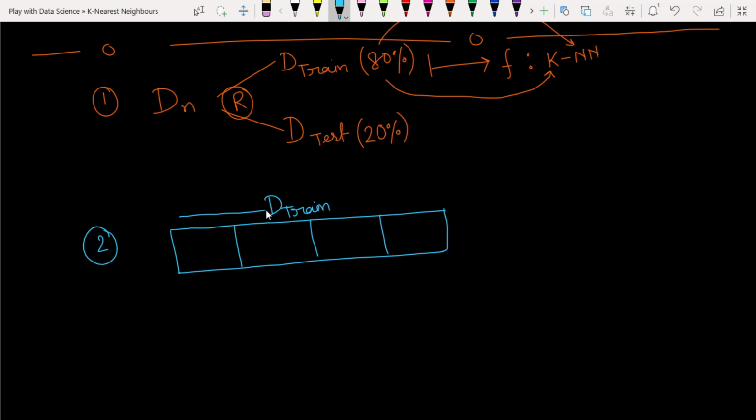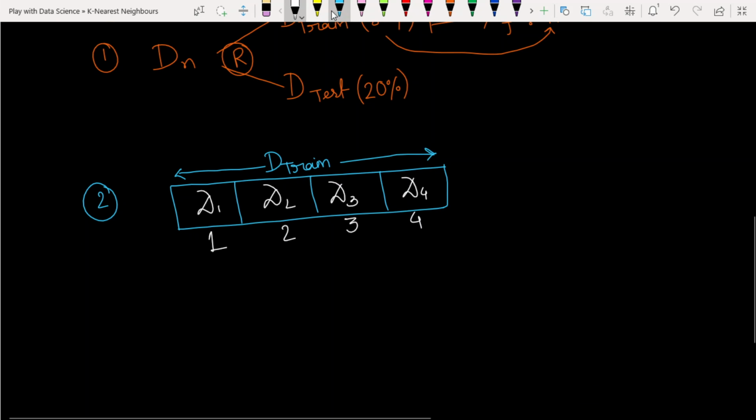This is the first chunk D1, this is the second chunk, this is the third chunk, and this is the fourth chunk. We do this randomly.